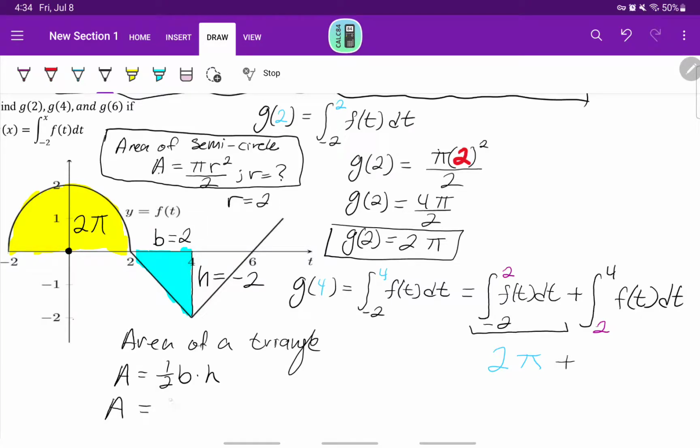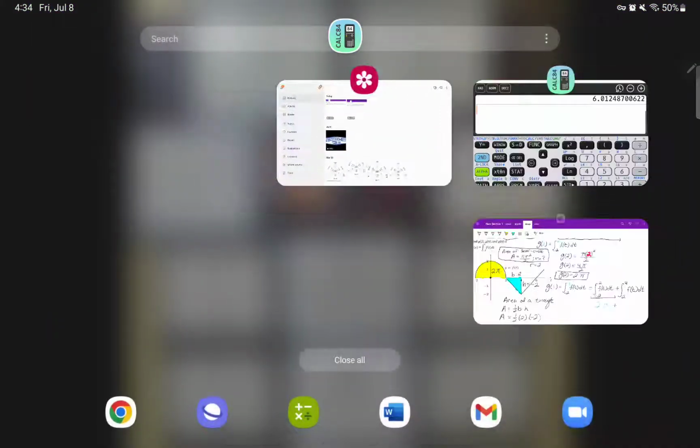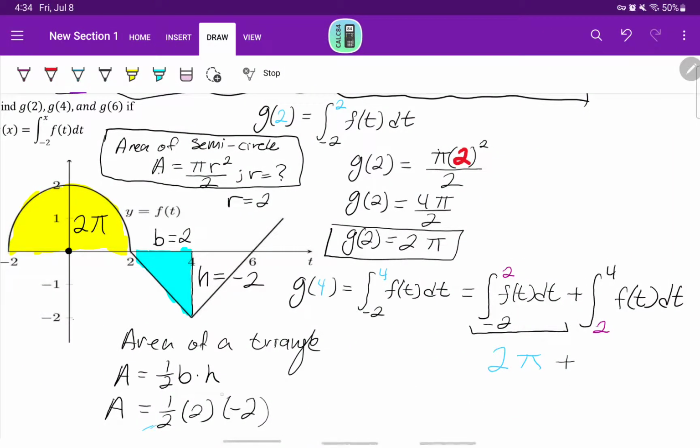A equals 1/2 times 2 for the base times -2 for the height. These two simplify. And the area for my triangle is going to be -2, excuse me. So that means that this part right here is -2.